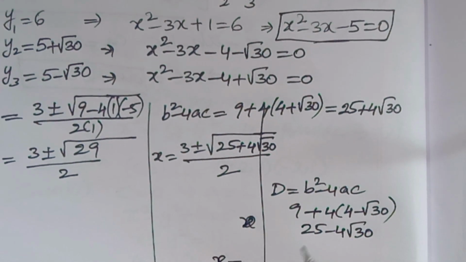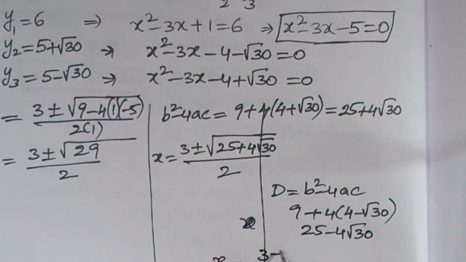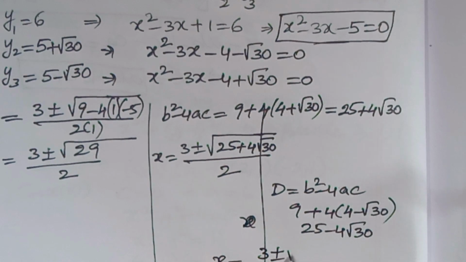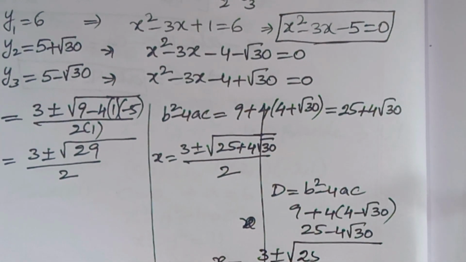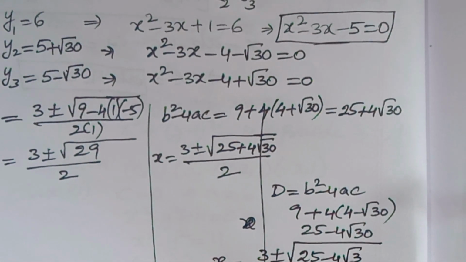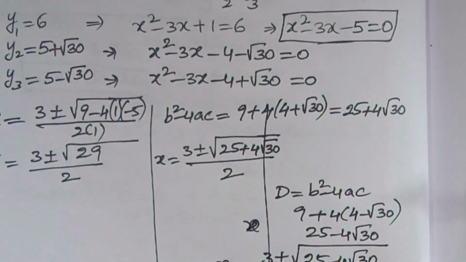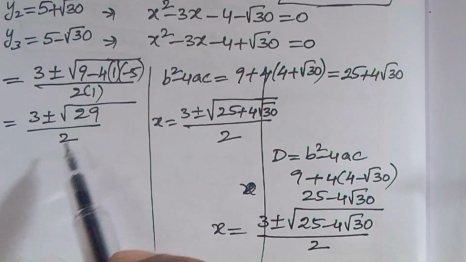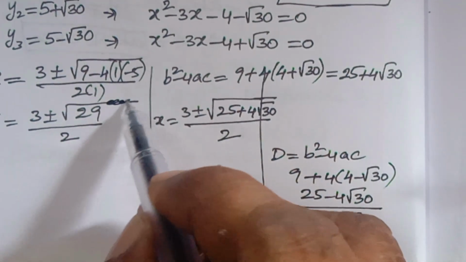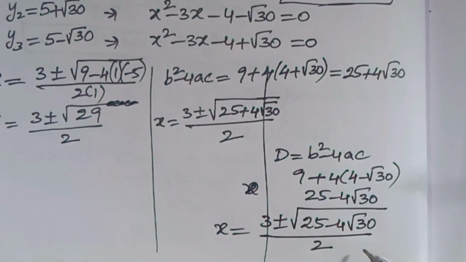Now x value will be 3 plus or minus root of 25 − 4 root 30 by 2. So in total we got 6 values.